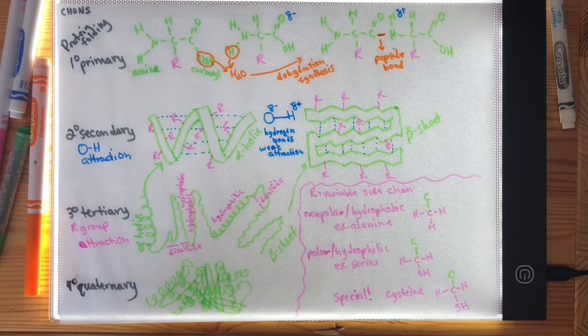And so this tertiary function, these R groups, and even going back to the secondary function, allows us to have particular shapes, and that allows our proteins to have particular functions.